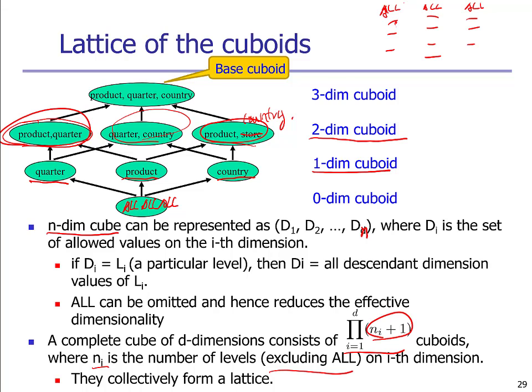Then every time you build a cuboid, or say any cuboid, it must correspond to one of these 4, and one of these 5, and one of these 4 levels across these dimensions. So this is a classic combinatorial problem where the total number of possible combinations is apparently 4 times 5 times 4, right? Which is 80 in this case.